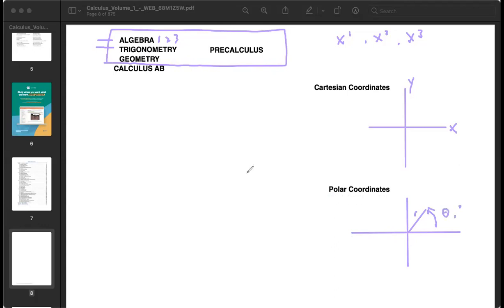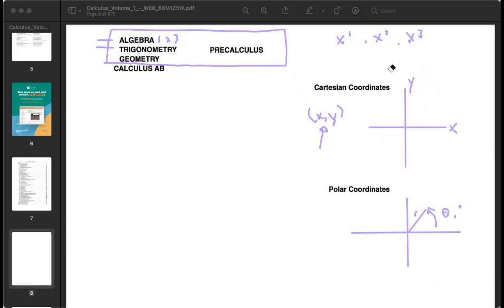Cartesian coordinates is your x comma y, which is what the majority of things will be talked about. But there are going to be little bits of polar coordinates in calculus, but they tend to be on the tail end of your class. So keep that in mind. The majority of things are going to be in Cartesian.